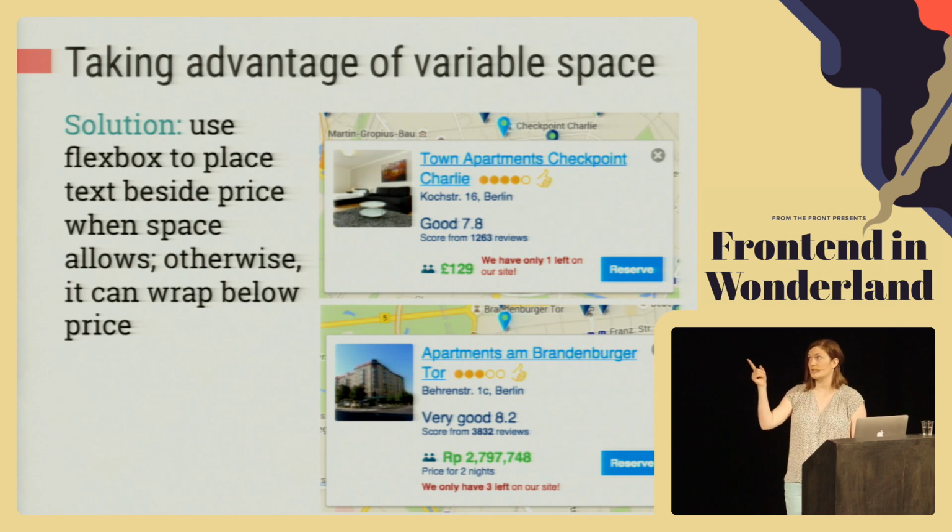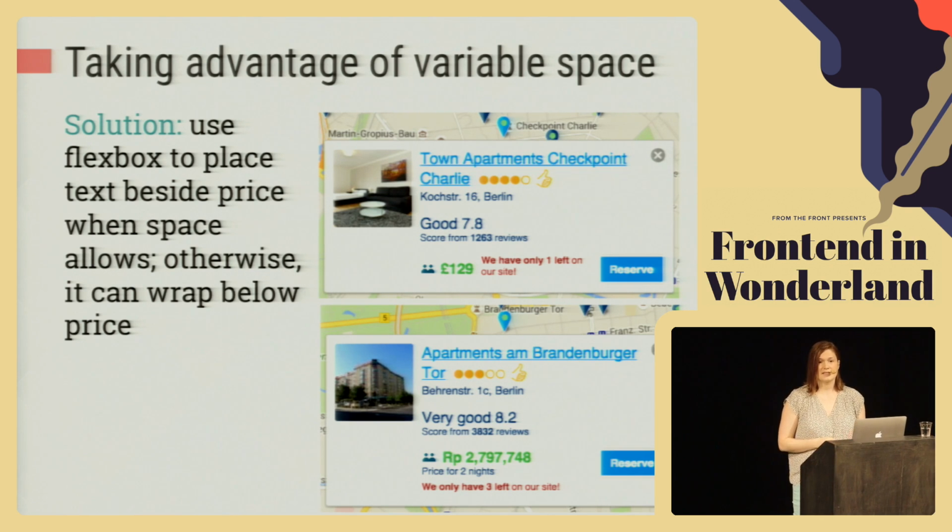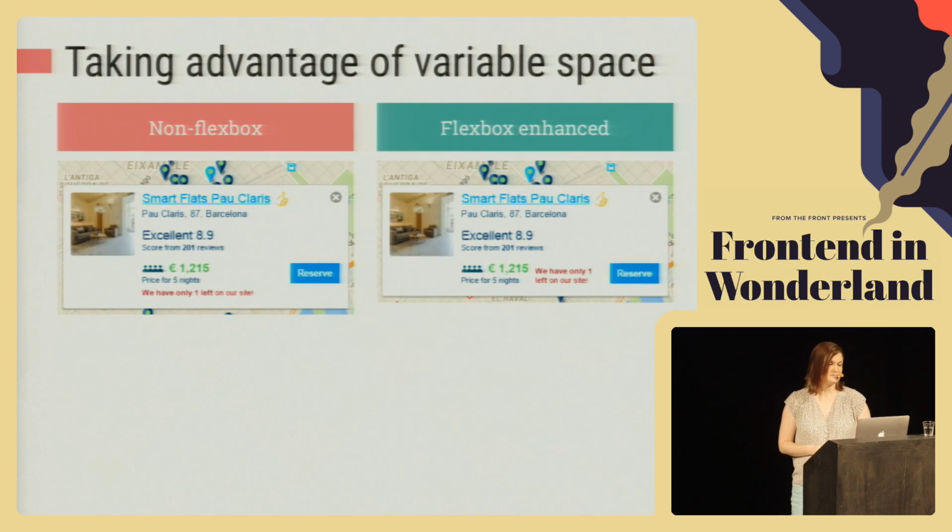So this second image with the message below the price could not happen. So that leaves Flexbox, which is kind of like the best of both worlds and allows me to get both of these layouts at once. So I get the stretch and squish behavior of table cell, but it lets boxes wrap if I tell it to and it needs to. And again, it does this without media queries.